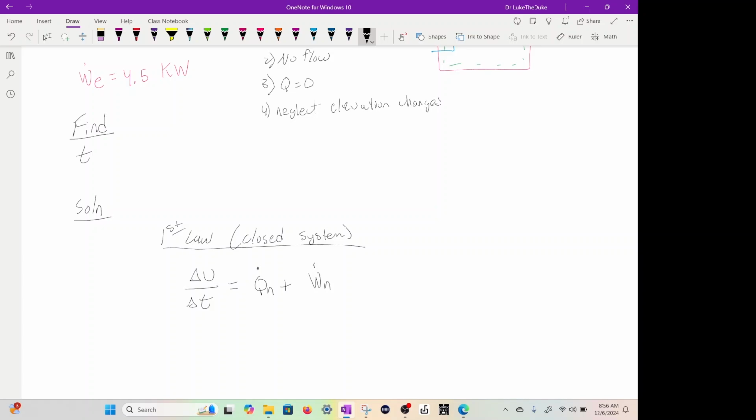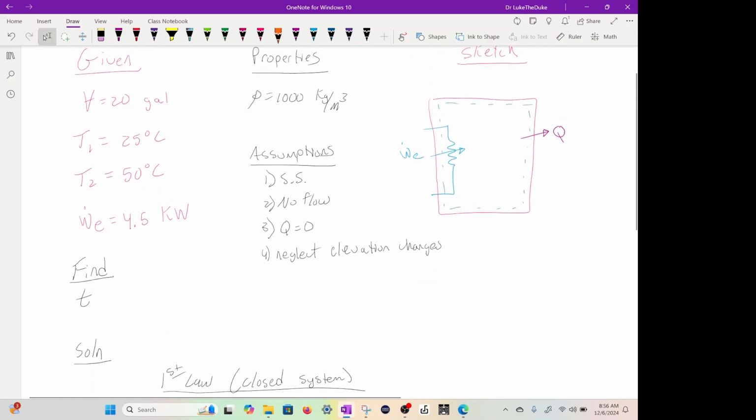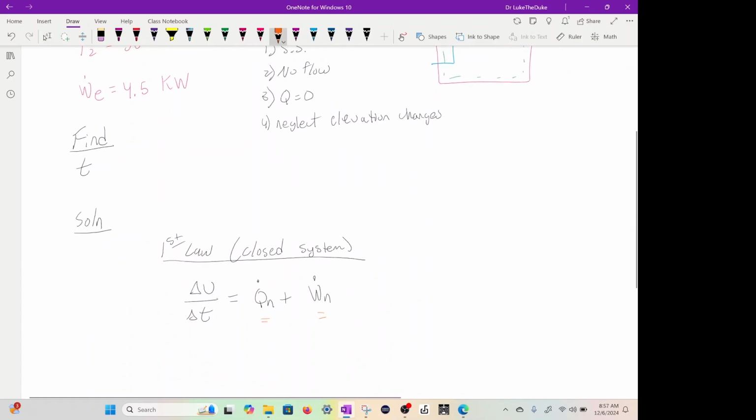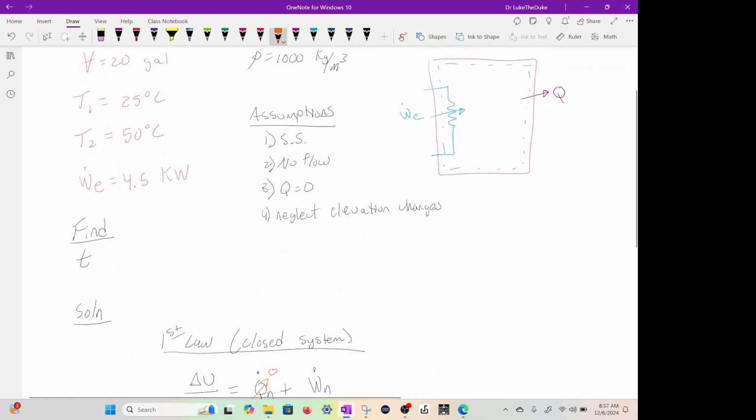It could be changing elevation, and it could change temperature, which is delta U, internal energy. However, it's stationary, so no potential, no kinetic, only temperature. And on the right side, these are energies crossing the boundary, the dotted line in my sketch. We're assuming Q is 0 and we only have electric power going in.